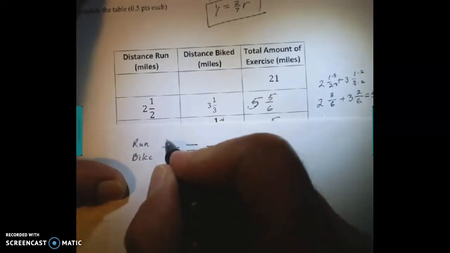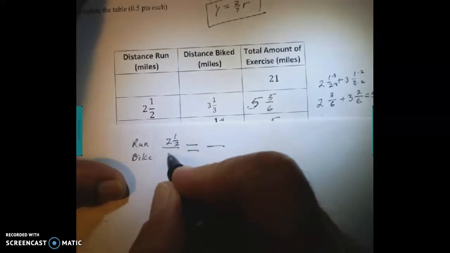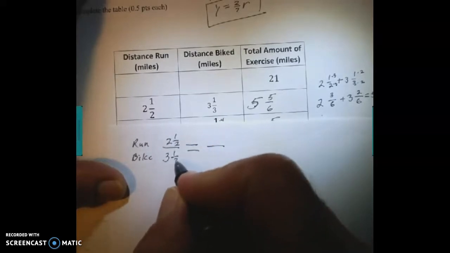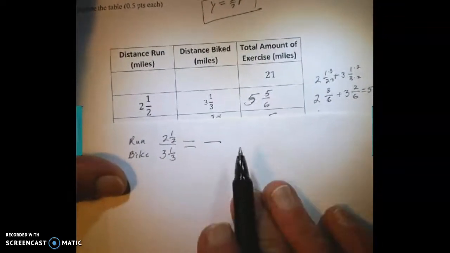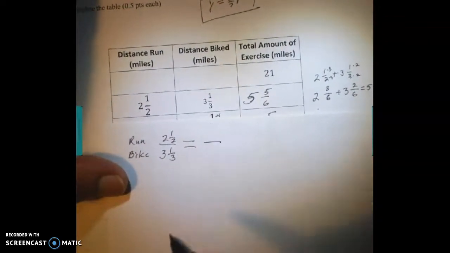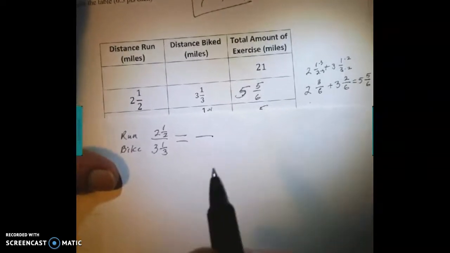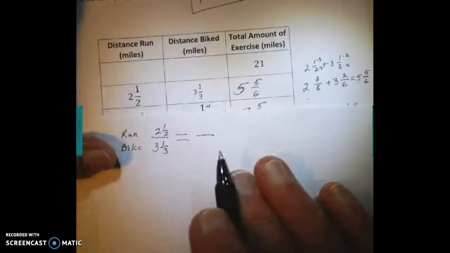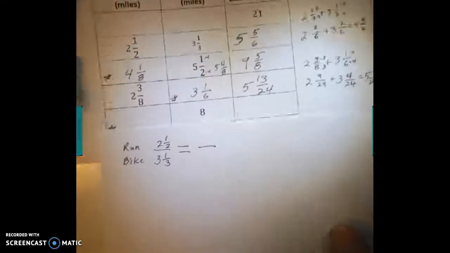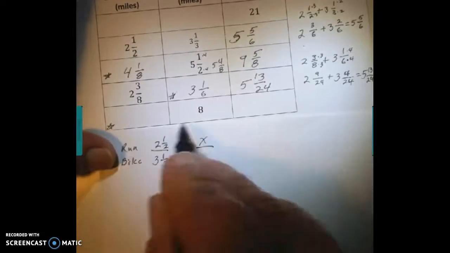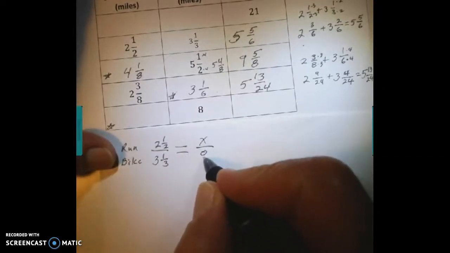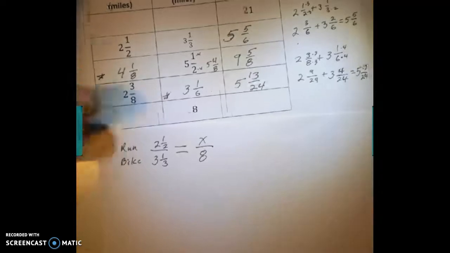And the information again, 2 1/2, 3 1/3, and if I were smart, I would probably have put them in as improper fractions because I've used these about, this is going to be like the 3rd or 4th time now. And then, the other piece of information I know, I'm looking for how much was run when the biking was 8 miles. That's my proportion.